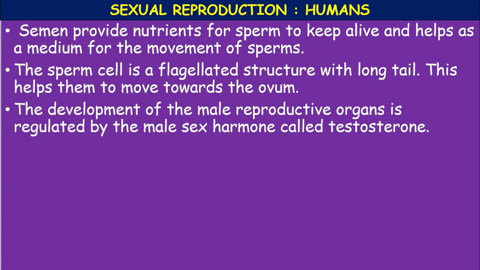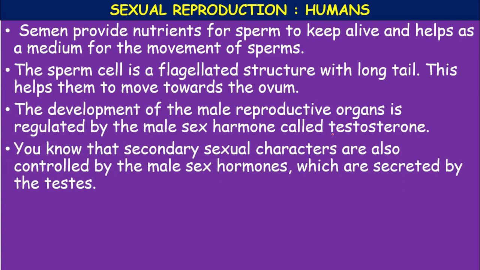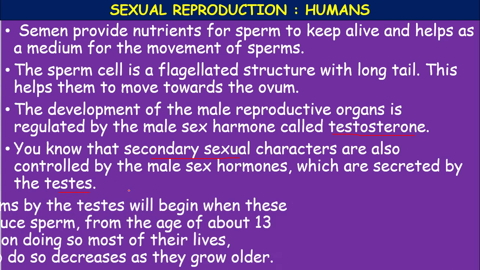The development of the male reproductive system is regulated by the male sex hormone, that is testosterone. Okay, the male sex hormone is produced and also controlled, testosterone secreted by the testes. Okay.